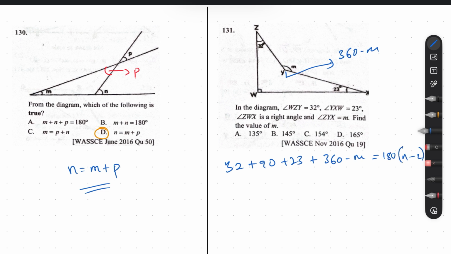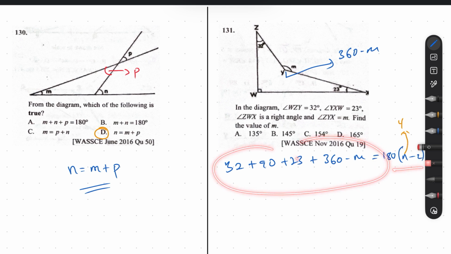And in this case, n is equal to 4, because the number of sides is 1, 2, 3, 4. So we just need to insert it over here, then we add everything, then we equate it.